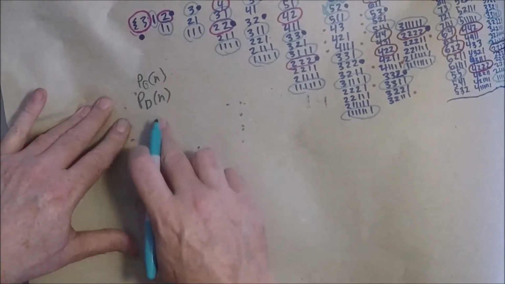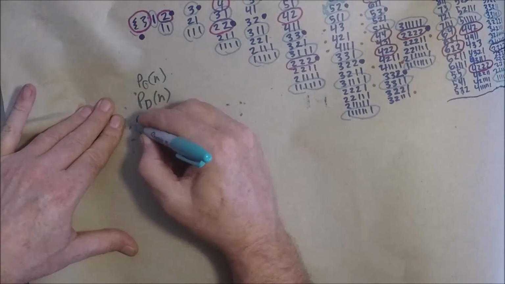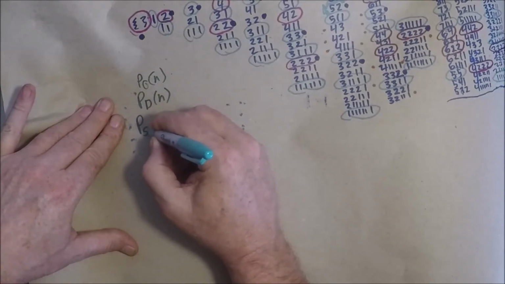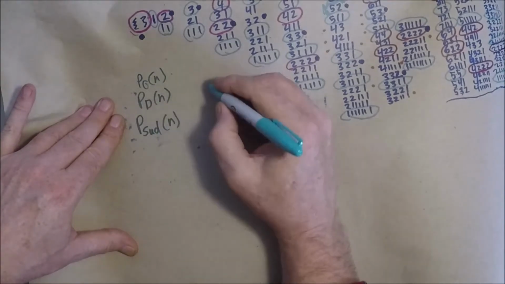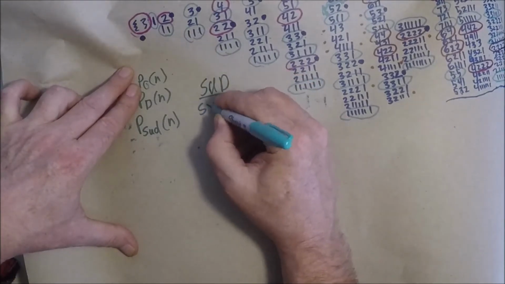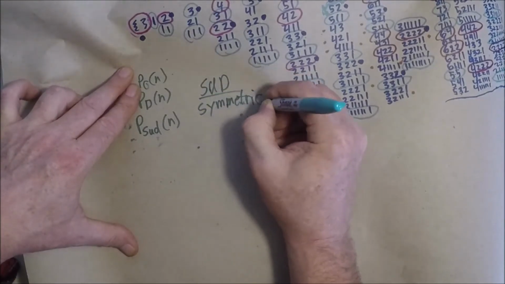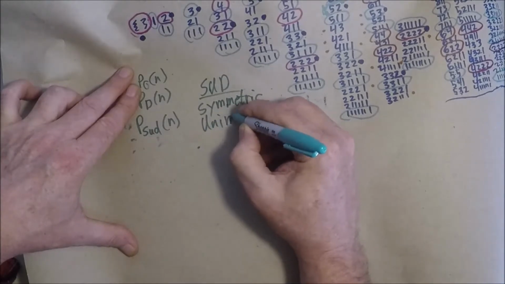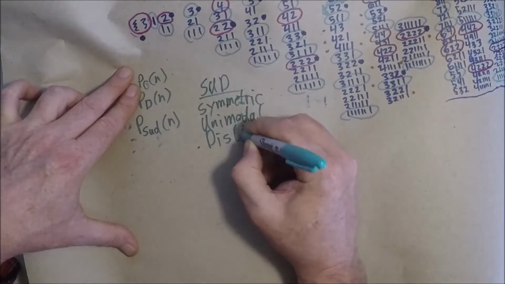But there's another, and I'm just going to call it SUD of n. A SUD is a symmetric unimodal distribution.